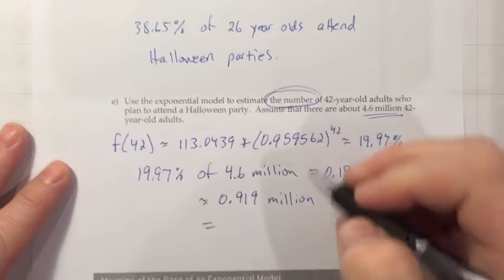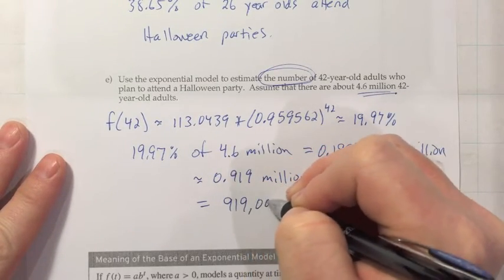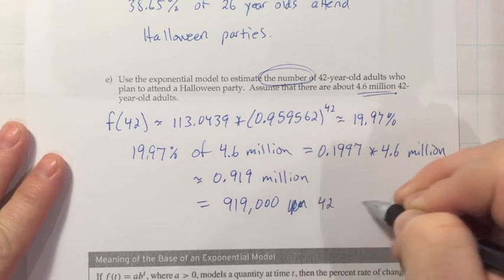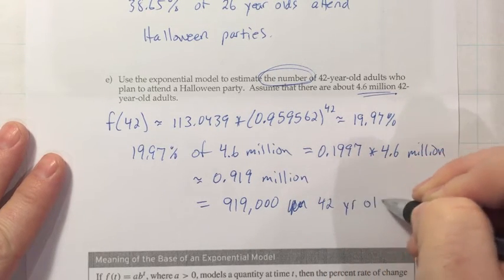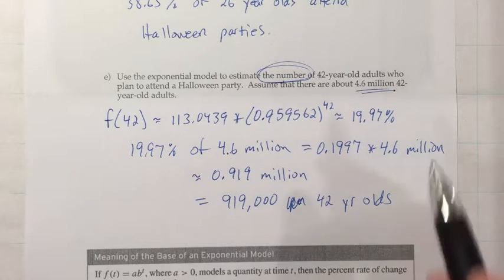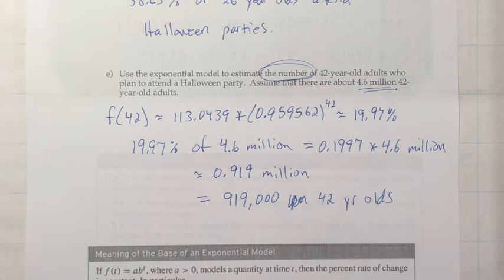So I would say by multiplying by a million, that's 919,000 people roughly. And actually, instead of people, be more specific, it's 42-year-olds that we're talking about. So I would estimate that somewhere around 919,000 42-year-olds would attend a Halloween party, based on this fact that there was 4.6 million 42-year-olds at the time.